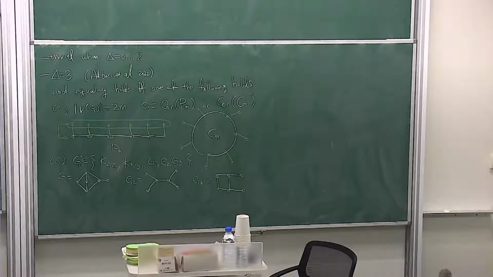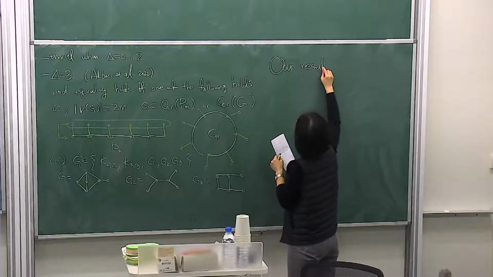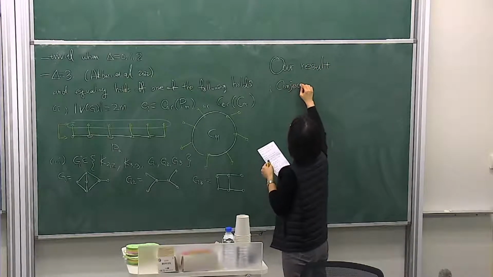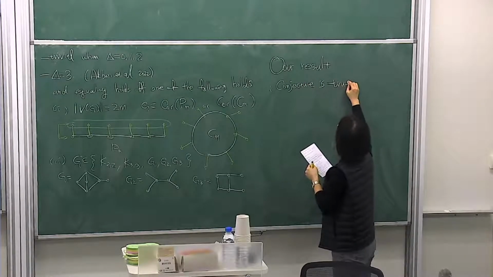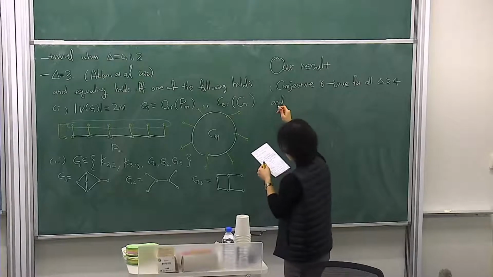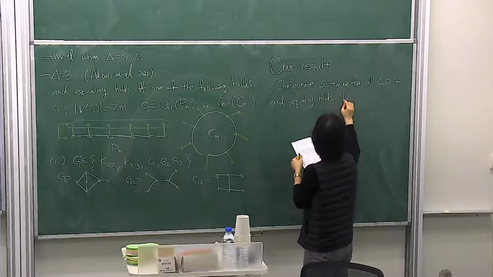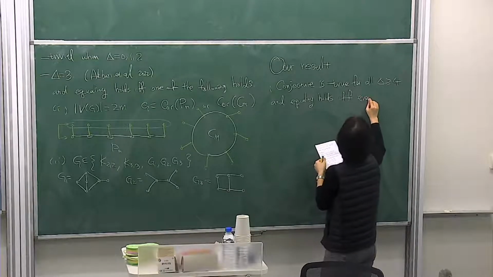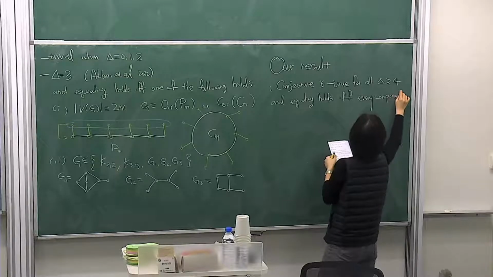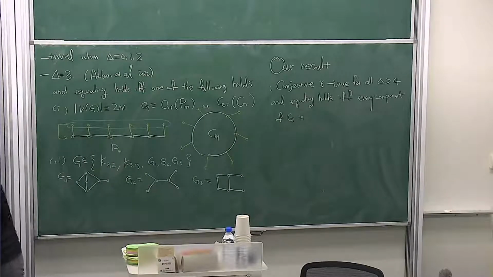And our result is, first of all, we prove this conjecture for all delta. And we also show that when equality holds, every component of G is either this graph or this graph.